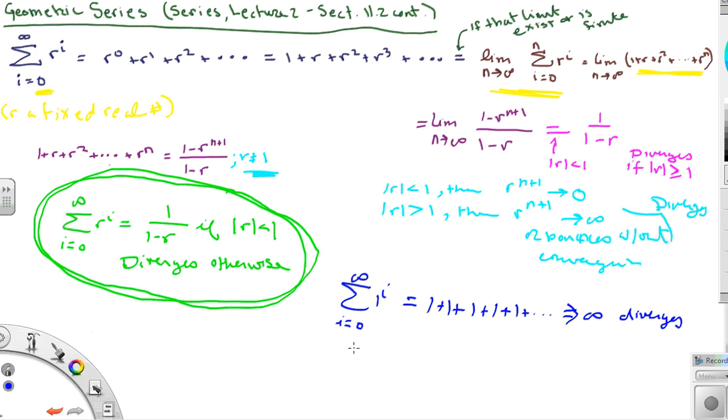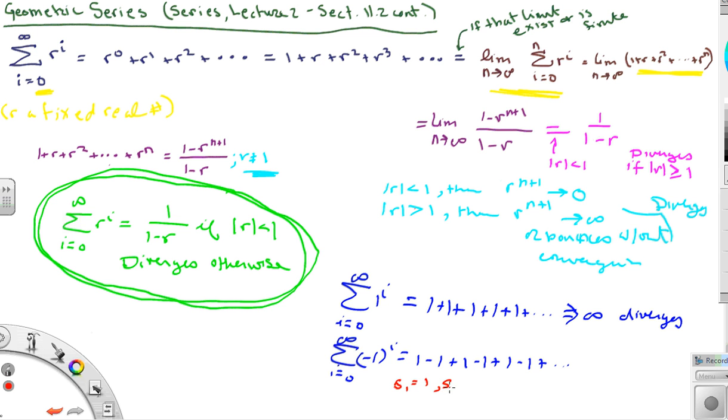And let's just see what happens if r equals negative 1. We're going to get things that look like 1 minus 1 plus 1 minus 1 plus 1 minus 1 plus dot, dot, dot. Now, you might want to say, well, it sure looks like that should zero out, but let's look at the partial sums. The first partial sum, S1, is equal to 1.